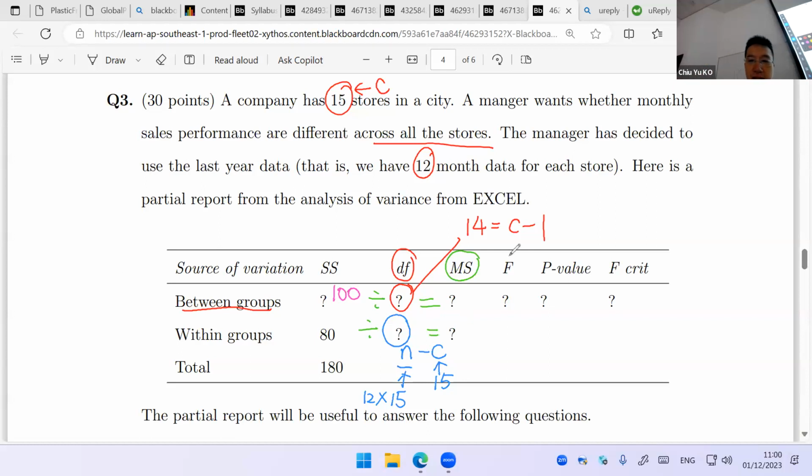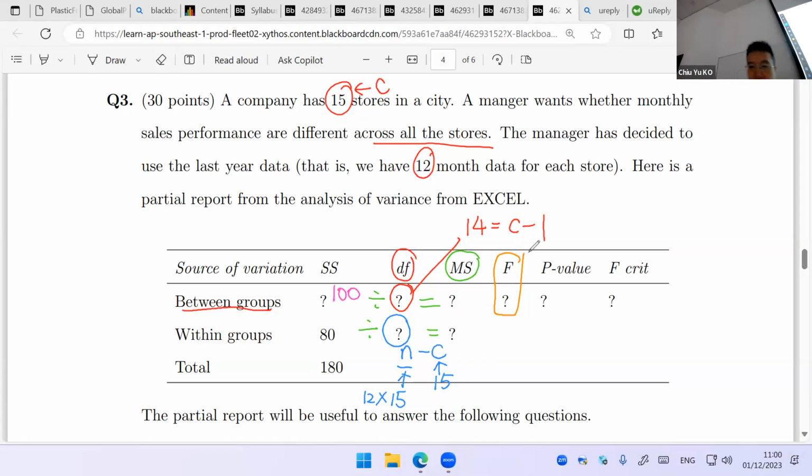Now, part D is F. F is MSG over MSW. The reason is that we're comparing between-group variation to within-group variation. If the between is very large, then it's going to reject.